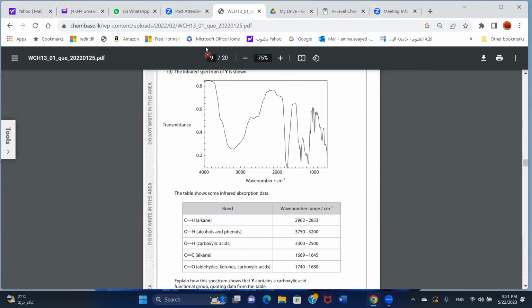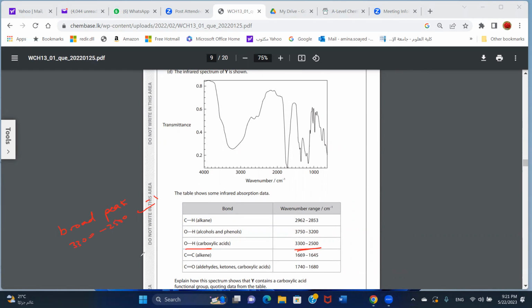It has a broad peak between 3,300 to 2,500 centimeter minus 1, corresponding to the OH carboxylic group. Yes, excellent. And what else?